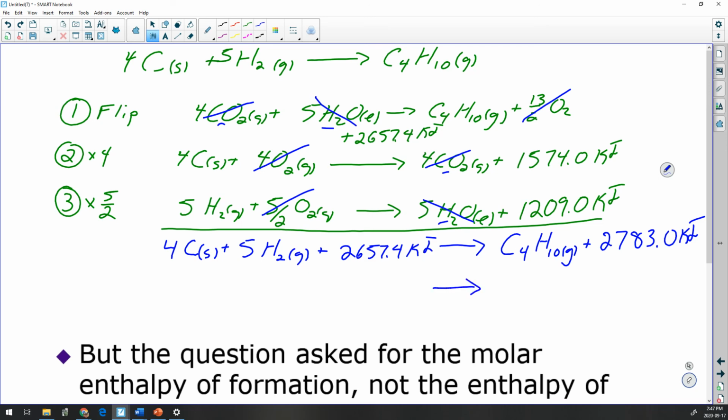I have more energy over here. Okay, so I have my products, C4H10 plus 125.6 kilojoules, and I'll just copy down what I have over here.